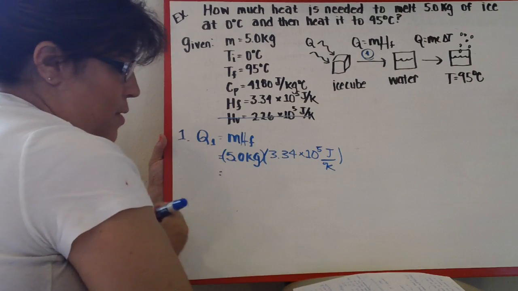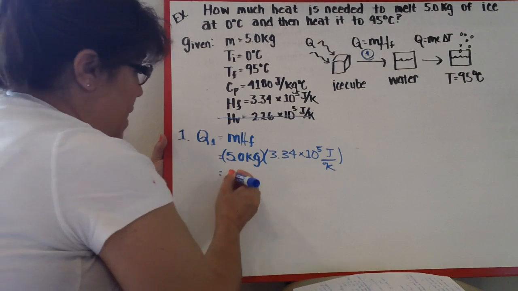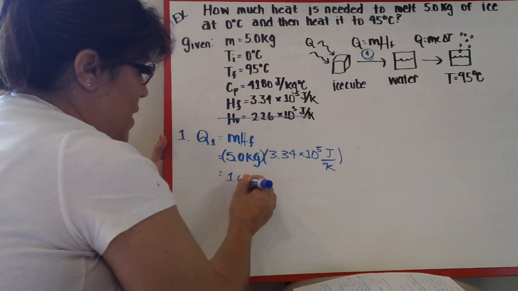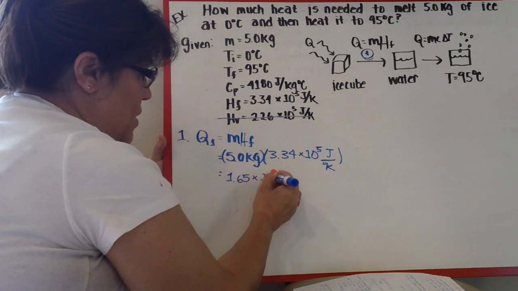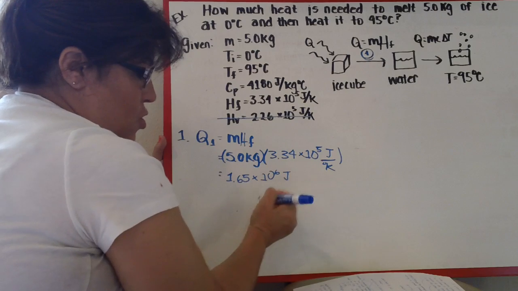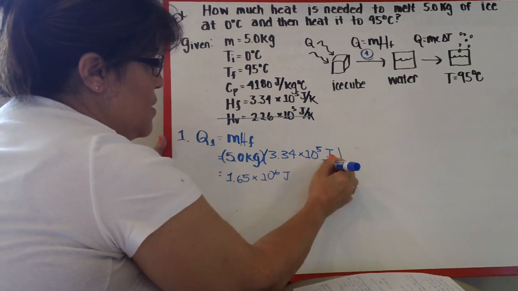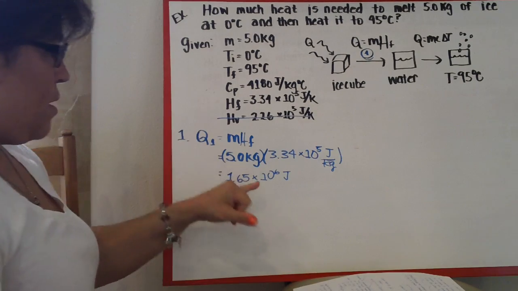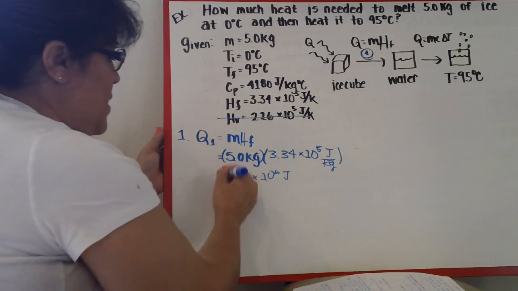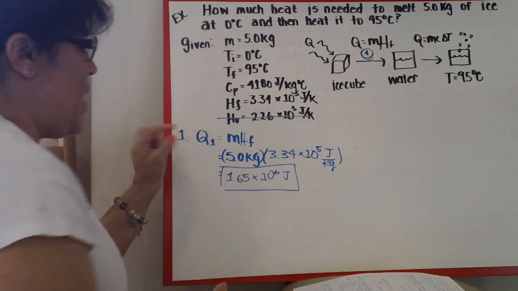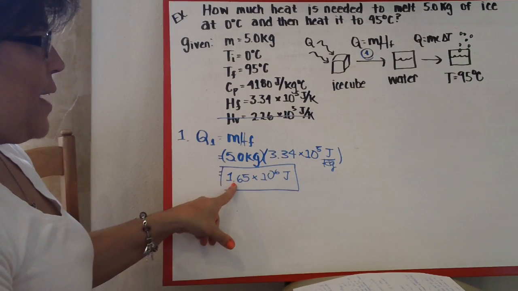So if we multiply those two together, we have 1.65 times 10 to the 6th joules. Okay, so this is how much heat is needed to be added to melt that ice.